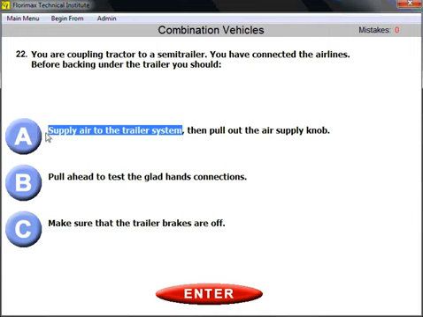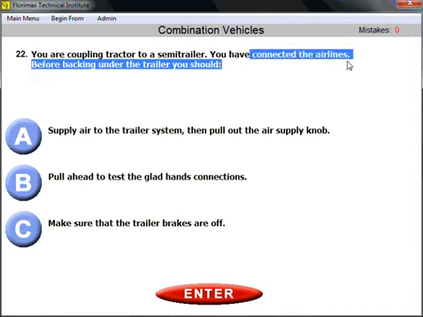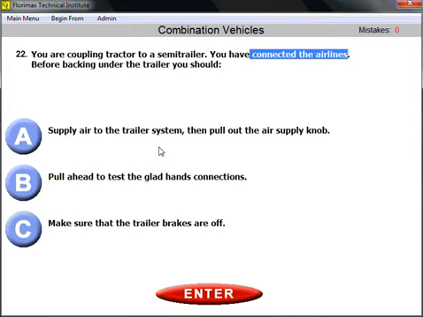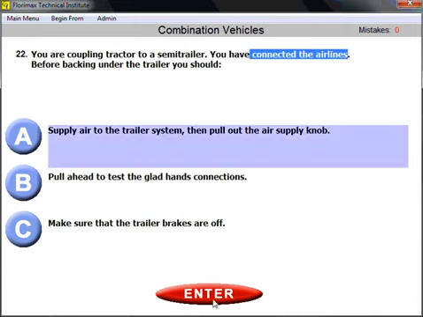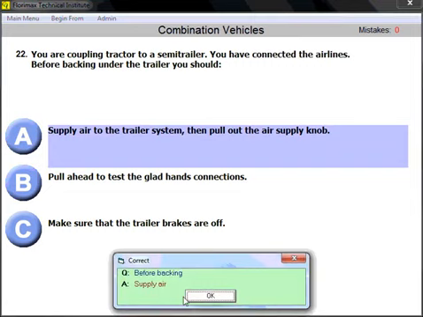But again, the right answer is the same. You supply air to the trailer system because you connected the air lines. Why did you do it? To supply air, and then pull out the air supply knob. But most importantly, you connected the air lines, you supply air to the trailer system. Supply air before backing.